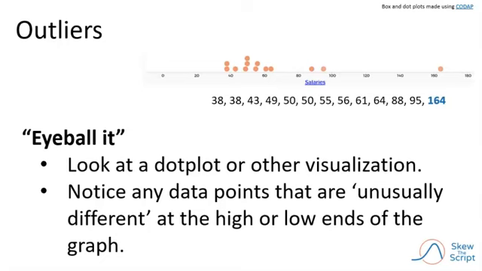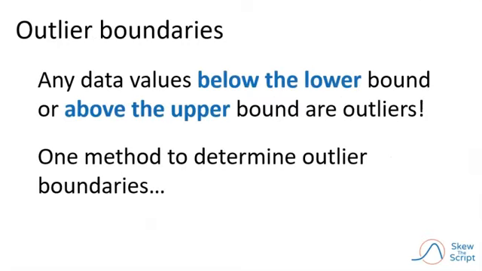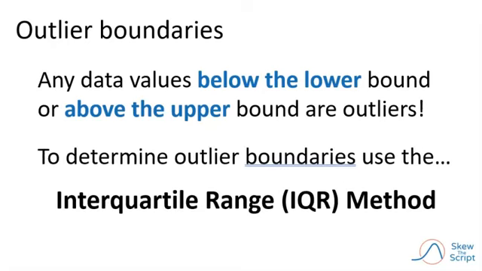We're going to follow that up with some calculations, and we're going to calculate what we would call a lower bound and an upper bound, and any numbers that are below the lower bound or above the upper bound will be considered outliers. We said there were 3 methods for finding outliers. This next one is called the IQR method, and it's a calculation.